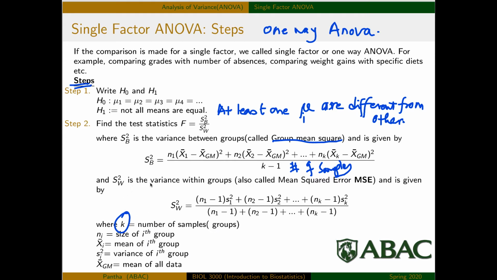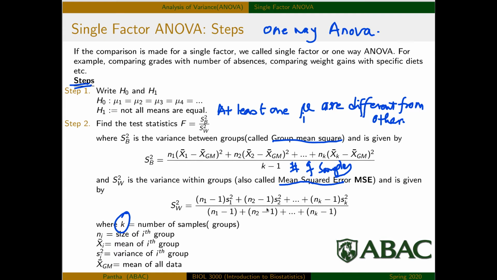And S squared W is the variance within groups, also called mean squared error. This is group mean square, this is mean squared error, MSE, and it is given by S squared W equals n1 minus 1 times s1 squared plus n2 minus 1 times s2 squared plus, and continue that way, divided by n1 minus 1 plus n2 minus 1 and so on. Do you remember, it is similar to the weighted arithmetic mean.